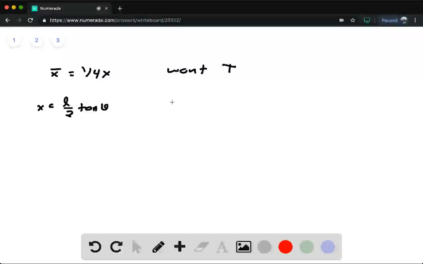And now we want to find theta, because we had sine of theta. Basically 2T times sine of theta is mg. Now we want to solve for T, because that's what we're looking for: T is mg over 2 sine theta.